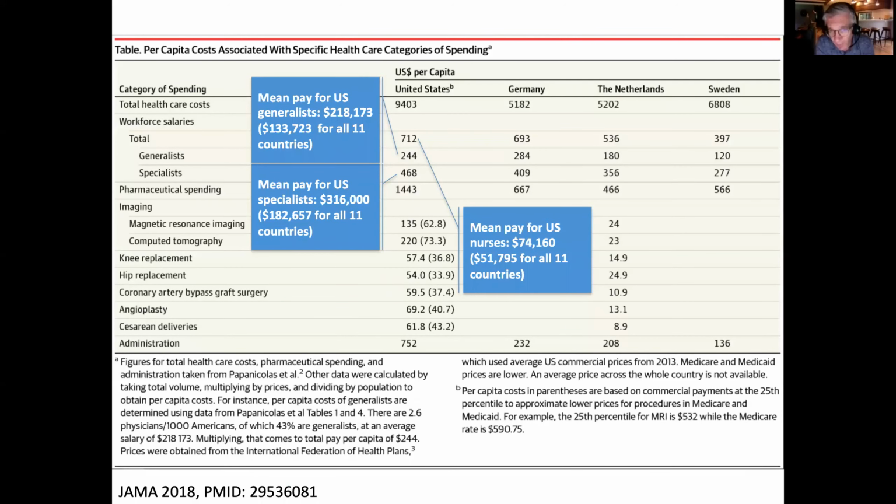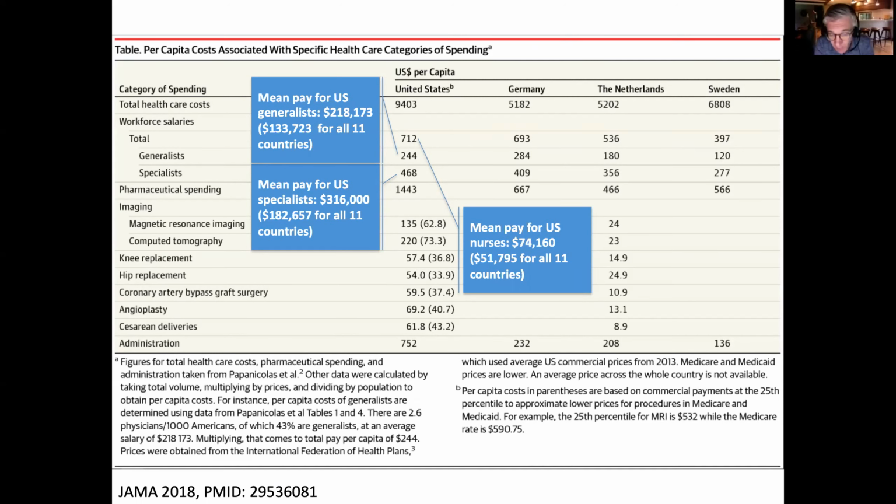If you look at specialists, say cardiologists, rheumatologists, et cetera, they make even better money, about $300,000 a year versus $180,000 in other countries. And I'm not showing the data here, but if you look at surgical subspecialists, so not your general surgeon, but your orthopedic surgeon, your ophthalmologist, dermatologist, urologist, et cetera, they make about 5 times as much in the United States as they would make in another peer country.